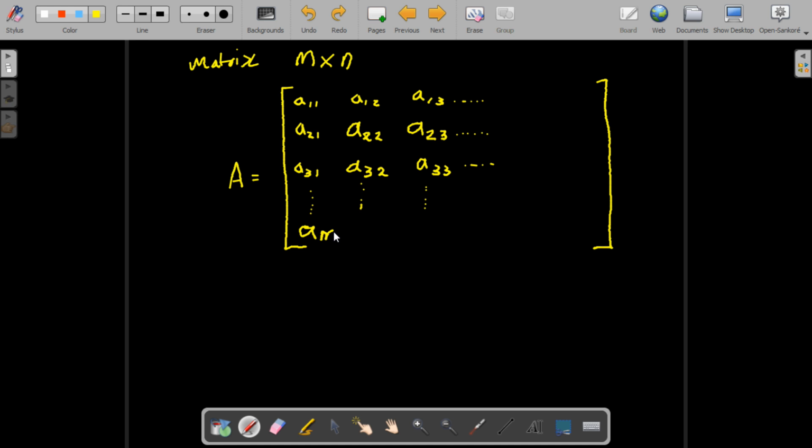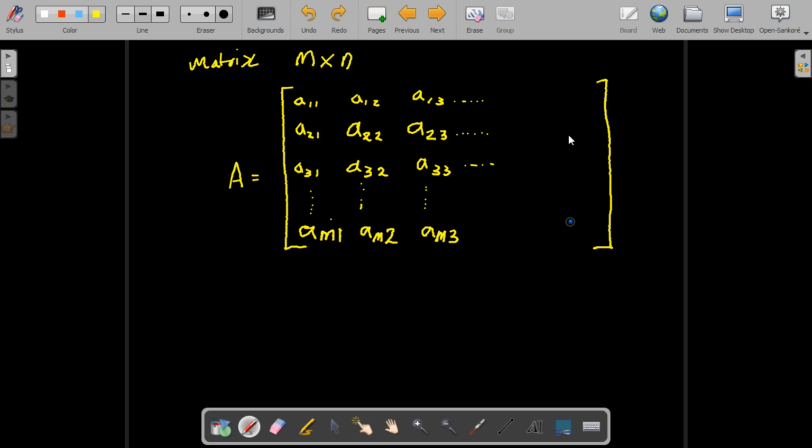In this case, I don't know how big the matrix is, but I know that the last position there is going to be element a_m1, and its column is always going to be 1 for that element. The next one would be the same row, which is m, and it's going to be the second column. And the pattern again continues, so m3, so m row, third column.